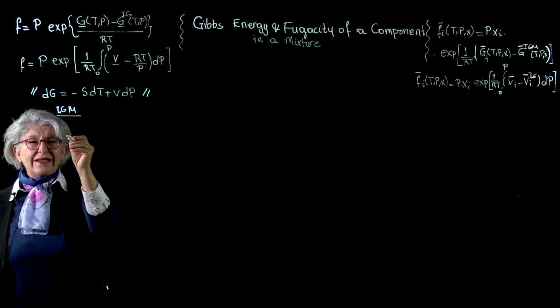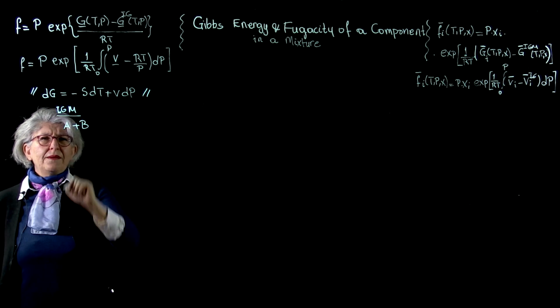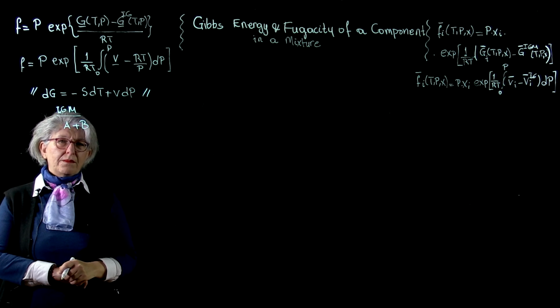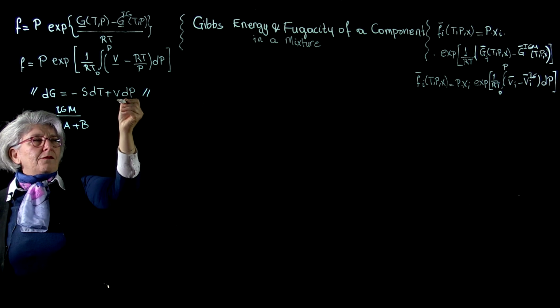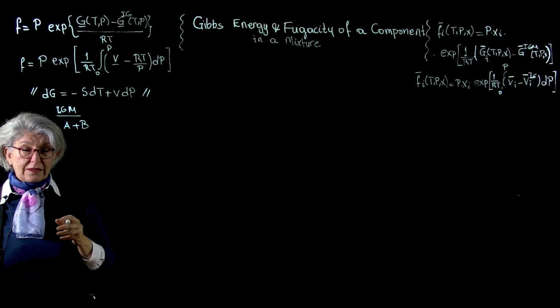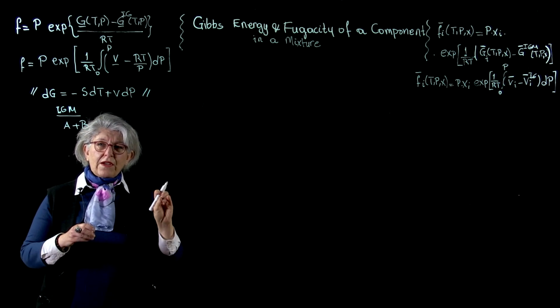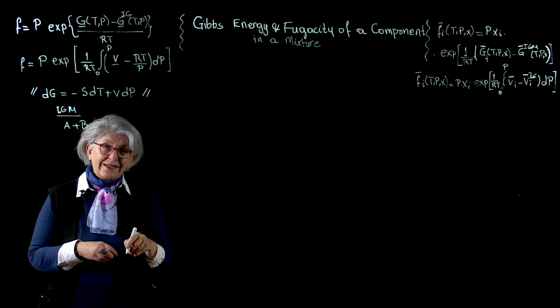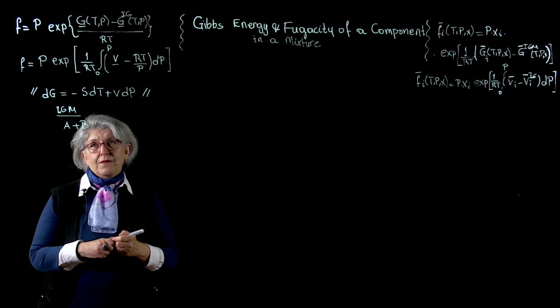Let's have a binary ideal gas mixture of A and B, and let's estimate the mixture properties. There will be no volume change upon mixing for ideal gas mixtures because ideal gas mixtures are additive.